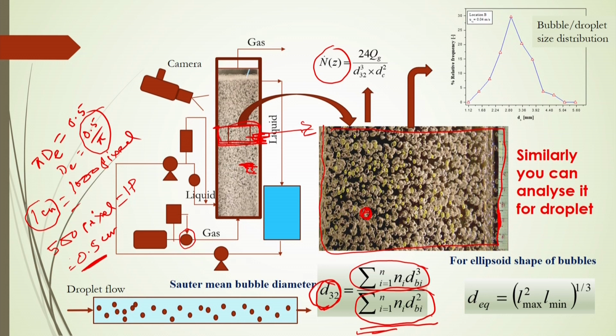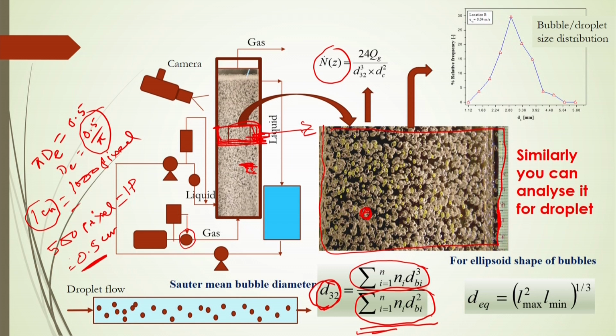If you know the gas hold up, which we have already discussed how to calculate, then the amount of gas passing through this cross section is simply Qg into the hold up. That is a fraction of the total gas and liquid mixture, and that fraction depends on the gas hold up.